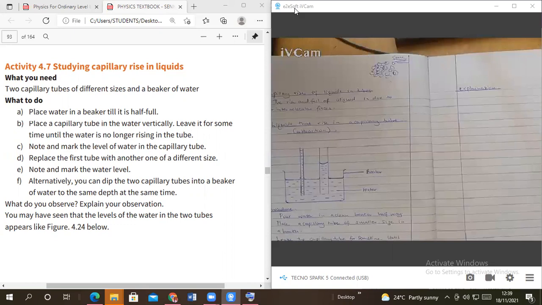Yes. That is correct. Because the smaller tube has a small diameter and the water level rises higher than the tube with a larger diameter.